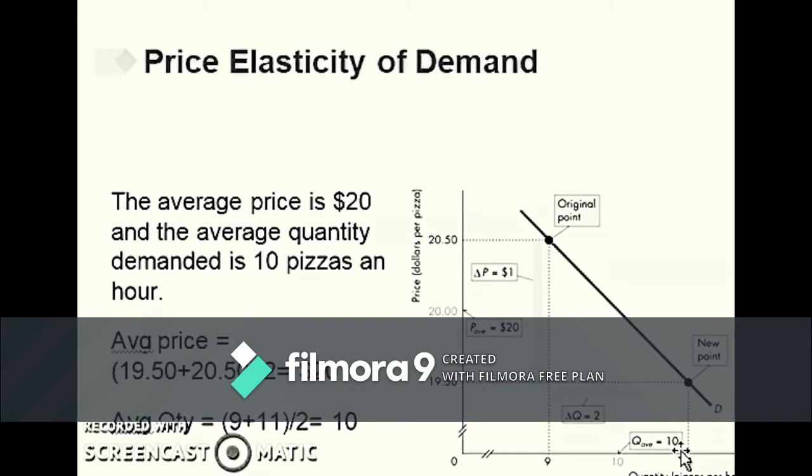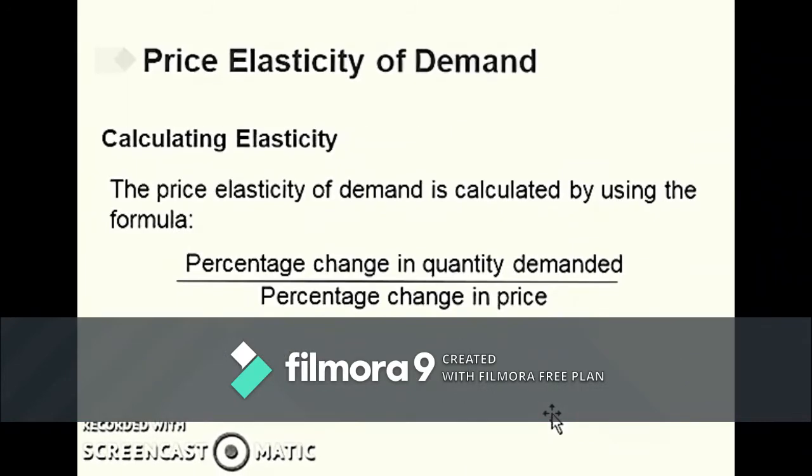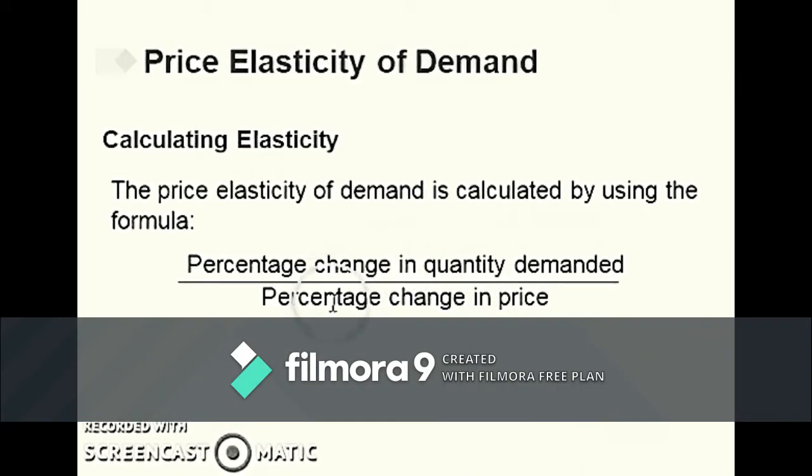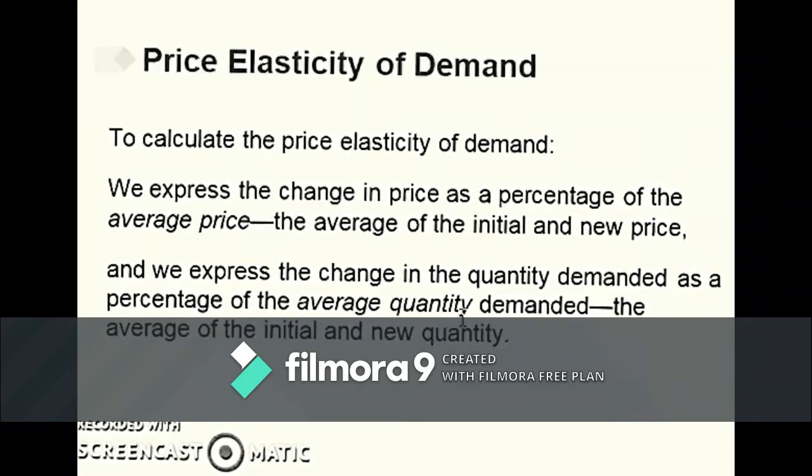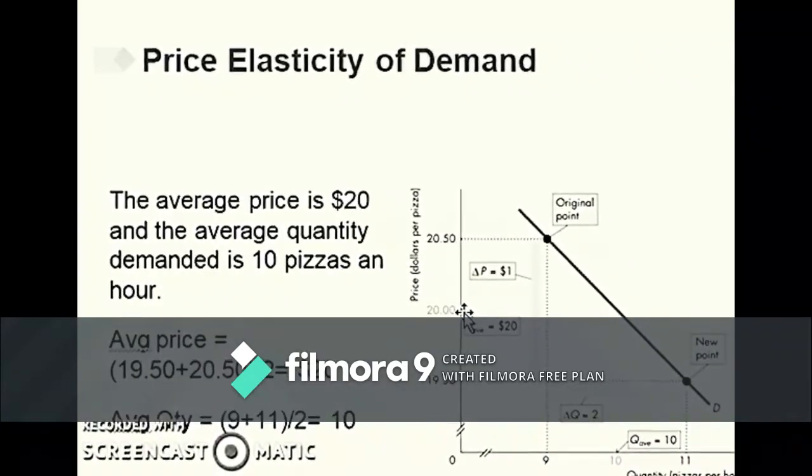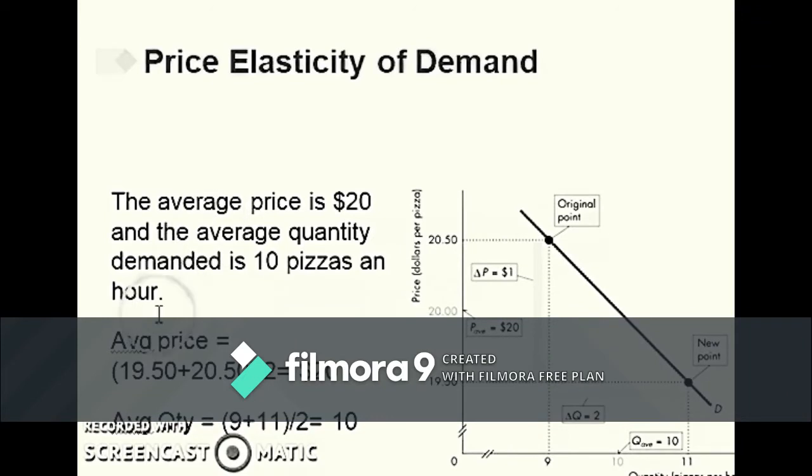So how can we calculate the price elasticity of demand? We know it is the percentage change in quantity demanded due to the percentage change in price. So first we calculate the average price level. The initial price was $19.50 and the new price is $20.50.